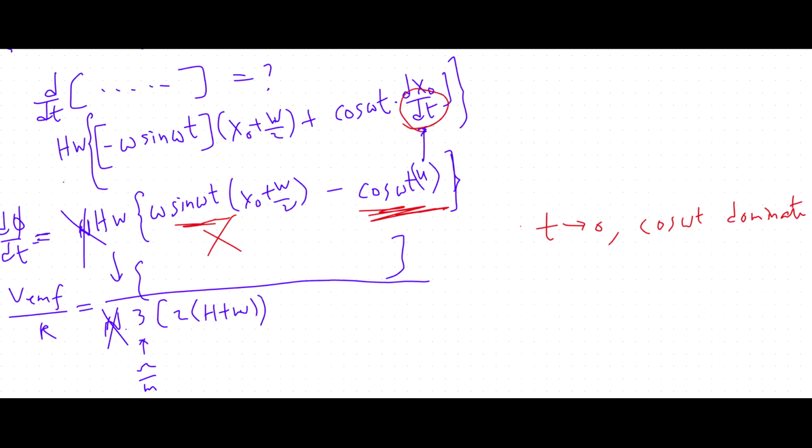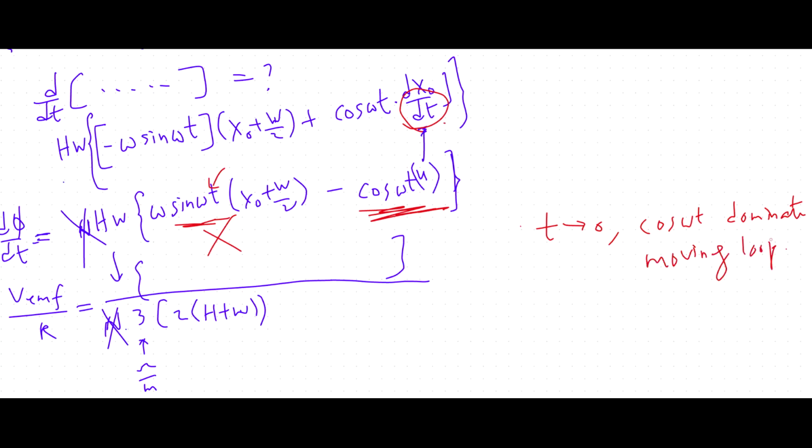What does that mean? The moving of the loop dominates this direction, not the oscillating magnetic field. The oscillating magnetic field gives me this term. This term comes from moving of the loop. So you say when t goes to 0, moving of the loop dominates. Right? Are you following me?